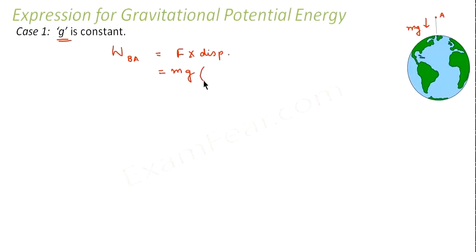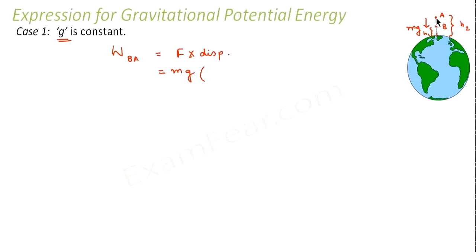And what would be the displacement? Displacement would be this height. Let us suppose if initially it was at point A, later it came to some point B. Let us suppose this way. And let us say the height of A from the surface of the Earth was h2. And the height of point B from the surface of the Earth is h1.